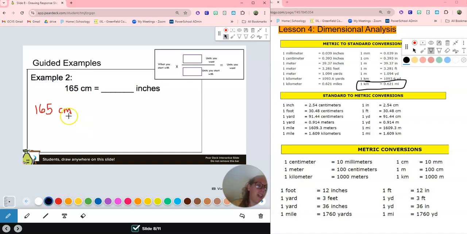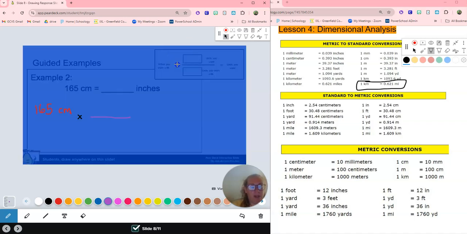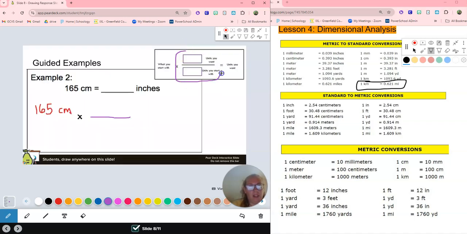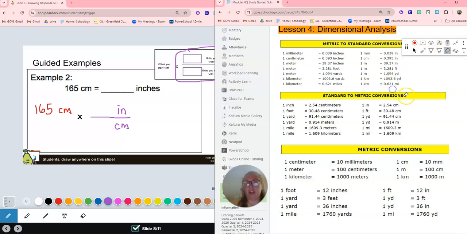We want to convert it, so we're going to multiply it by a conversion factor. That's this part here that we're figuring out right now. So the units that we started with are centimeters, and the units that we want are inches.